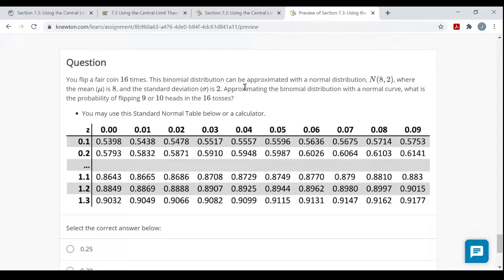This binomial distribution can be approximated with the normal distribution, with a mean of 8 and a standard deviation of 2, where the mean is 8 and the standard deviation sigma is 2. Approximating the binomial distribution with a normal curve, what is the probability of flipping 9 or 10 heads in the 16 tosses?